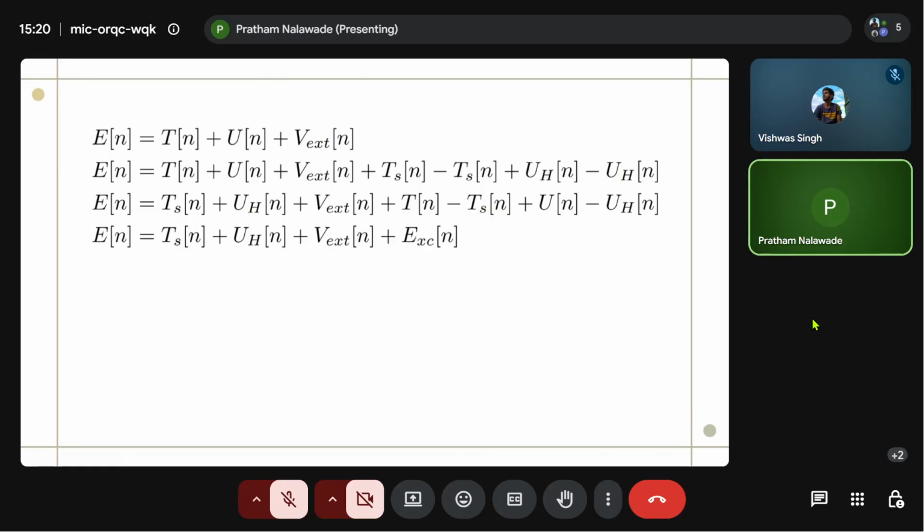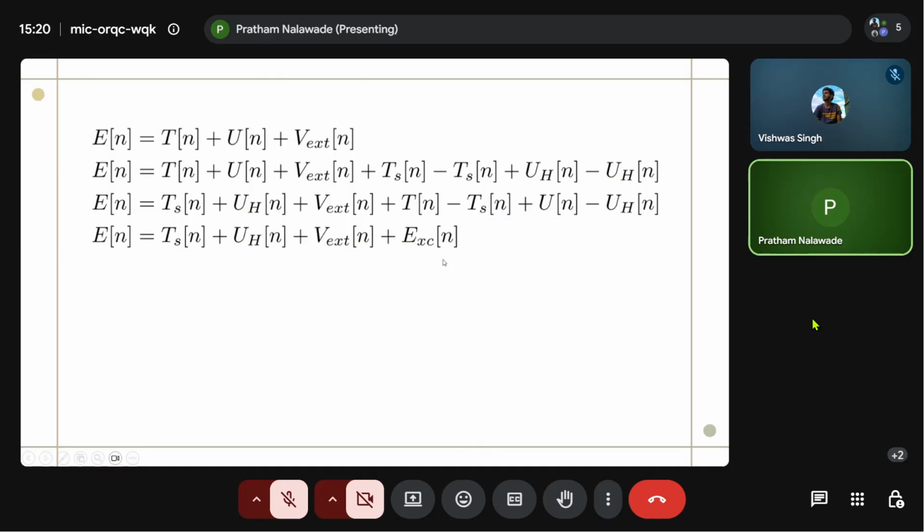Till now, density functional theory is an exact theory. It can give you the exact ground state energy. But the big caveat here is that we should know what this exchange correlation energy is, which we obviously don't. That is why we started with this theory first of all. The rest of the theory is just to approximate this last term.